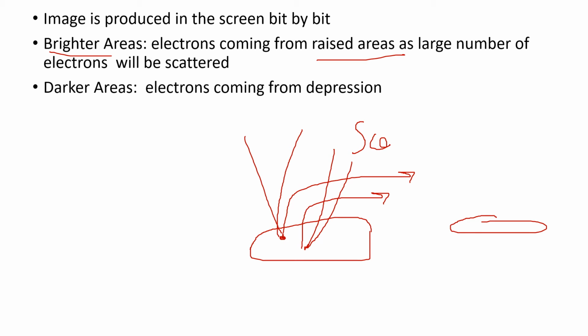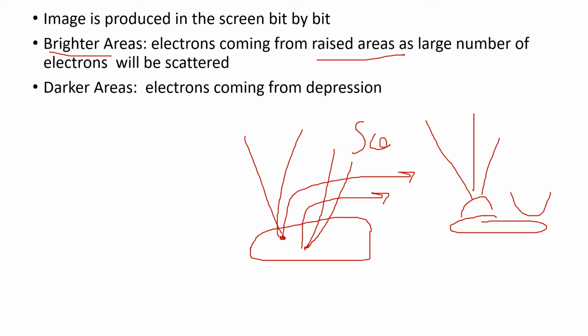Internal structures are also under observation, but only when this beam hits the surface of the internal structure and not the specimen surface. Wherever this beam of electrons is hitting, only that part is getting into consideration and only that part is detailed in the microscope, in the monitor. So the raised areas over the specimen will look brighter. Why? Because this raised area will scatter more electrons.